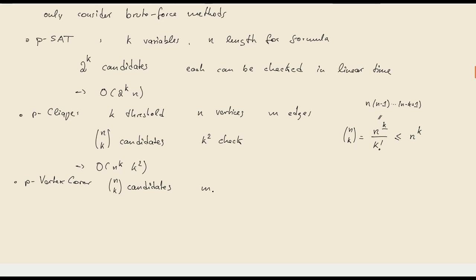And to check one of these candidates takes time linear in the number of edges, say. If you combine these, you again have n to the k and now times m, which is a bit more than this, but usually not too much.